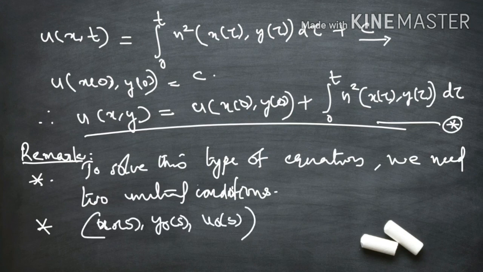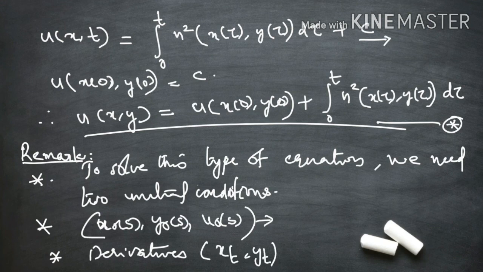So this will be the one initial condition or initial curve. With this, they are giving the derivatives, that is xt, yt, equivalently, we should provide the vector tangent to the characteristic at the initial point.